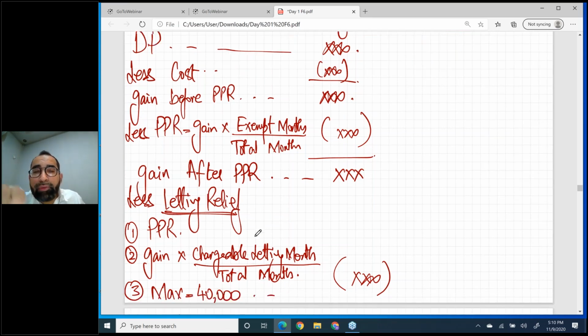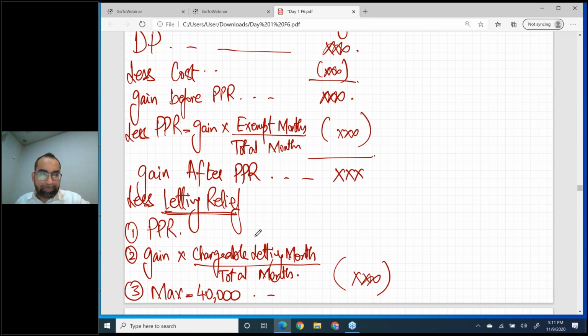You will get gain before PPR. Now calculate PPR. PPR is equal to gain multiplied by exempt months divided by total months. Here you go, the PPR. Then you deduct PPR, you will get gain after PPR.